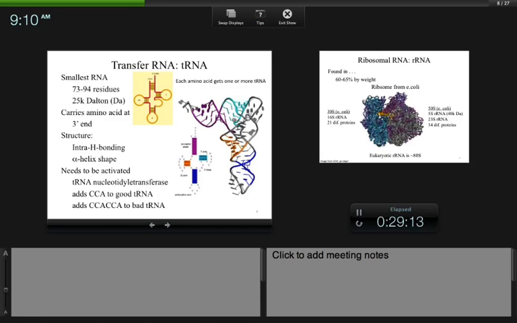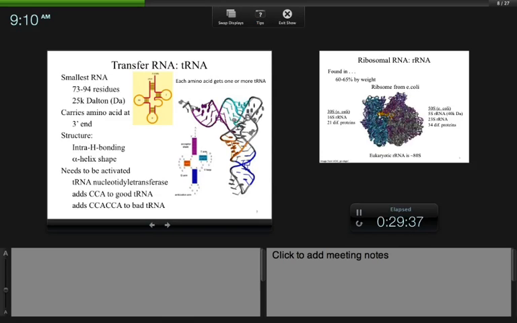That transferase enzyme will also go through and proofread. On good molecules of tRNA, if the tRNA has been generated properly, it says, okay, that's a good molecule, it's allowed to go out and do its job.